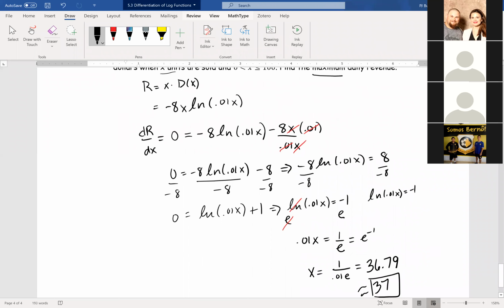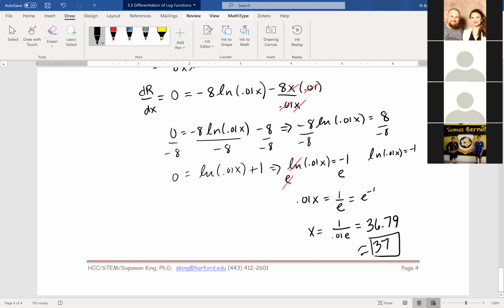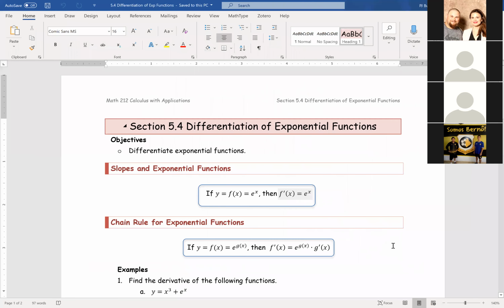All right. So let me go ahead and share the other screen, so that we can do derivatives of exponentials.